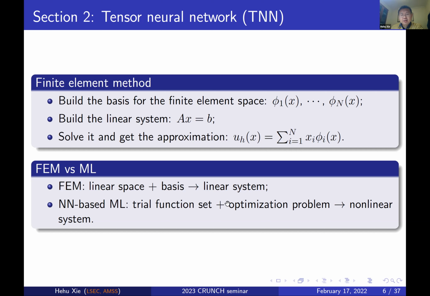We define this optimization problem, and then the total process is actually a nonlinear system, or nonlinear problem. But because we use the optimization method, sometimes we don't need to care how to solve the linear problem, even in the high dimensional case.